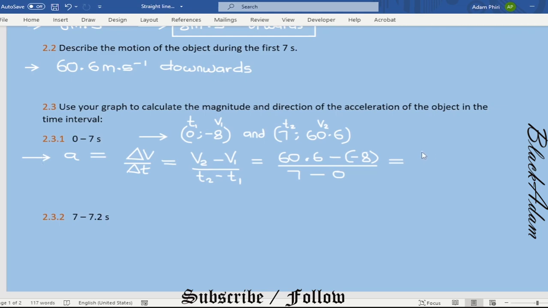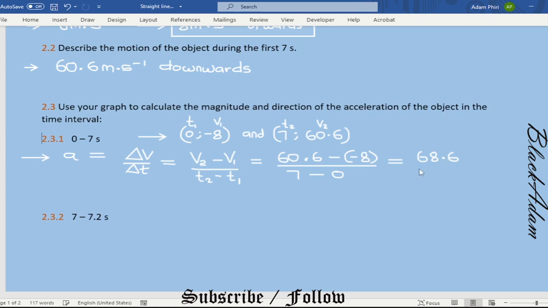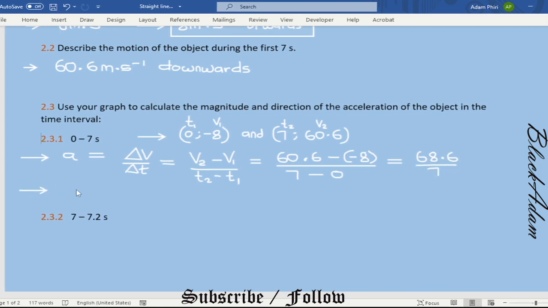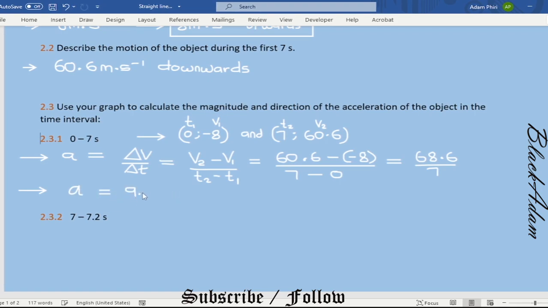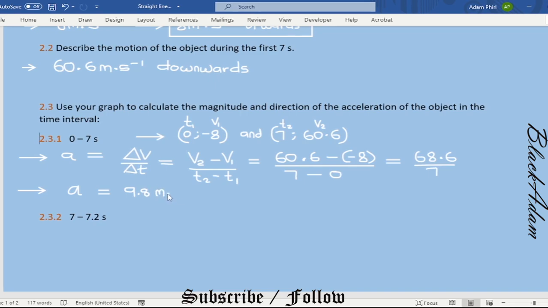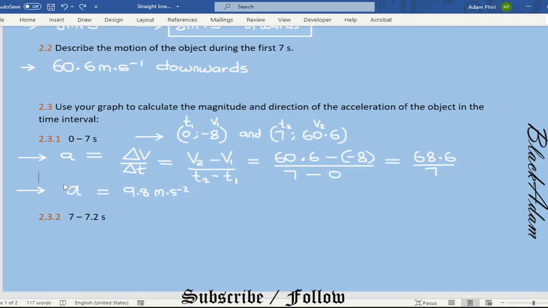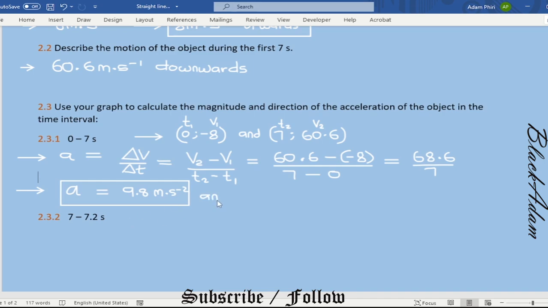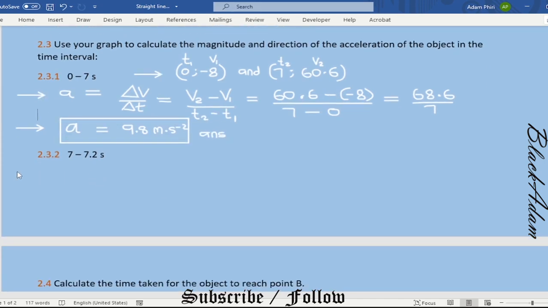So negative times negative is positive, so it's going to be 68.6 divided by 7, because 7 minus 0 is 7. Using a calculator, that gives us a value of 9.8 exactly, which is the gravitational acceleration. So in a velocity versus time graph, the gradient is acceleration, so a change in v over a change in time.